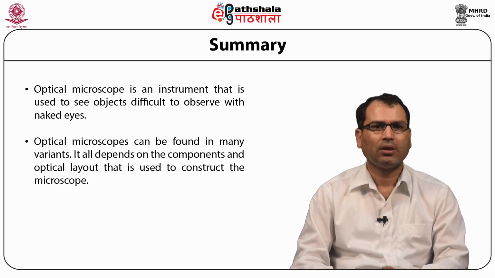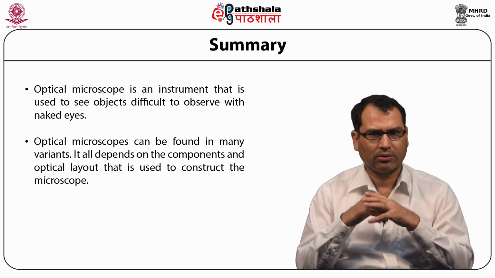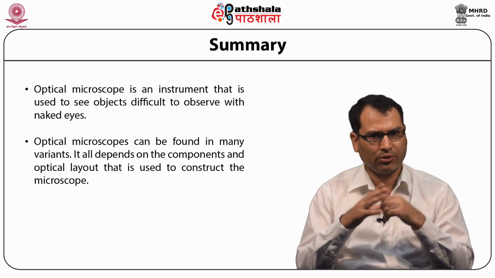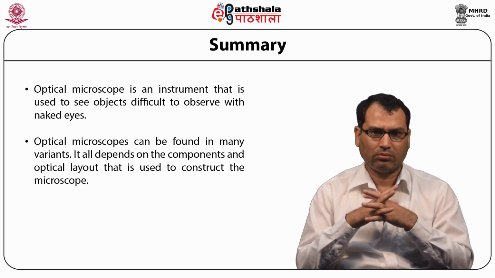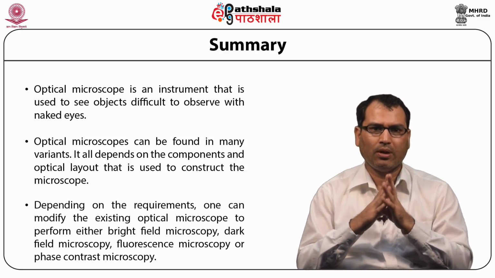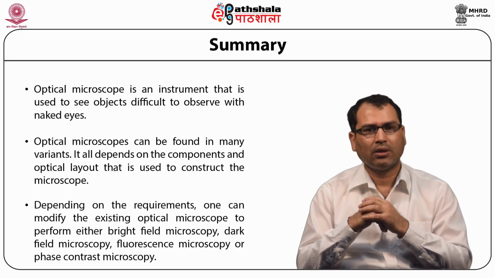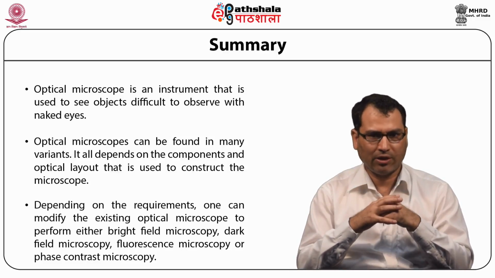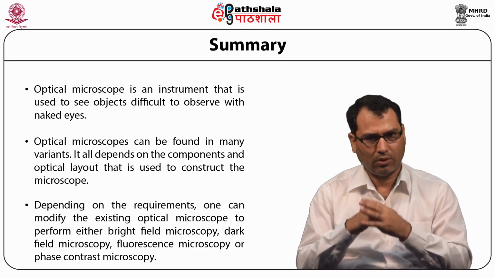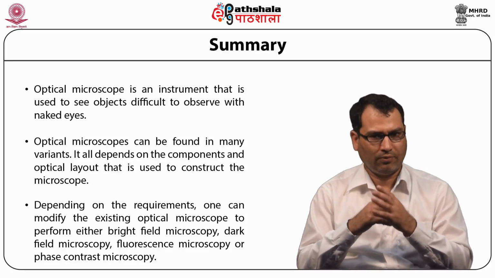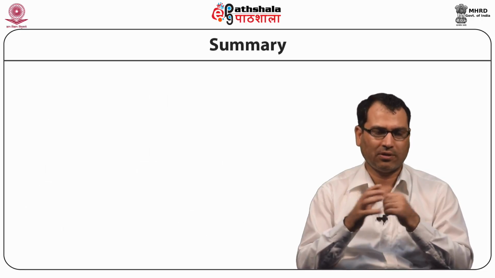It all depends on the components which are used to construct the optical microscope and the layout. So depending on the requirements, one can modify the existing optical microscope to perform either bright field microscopy or dark field microscopy or fluorescence microscopy or phase contrast microscopy.